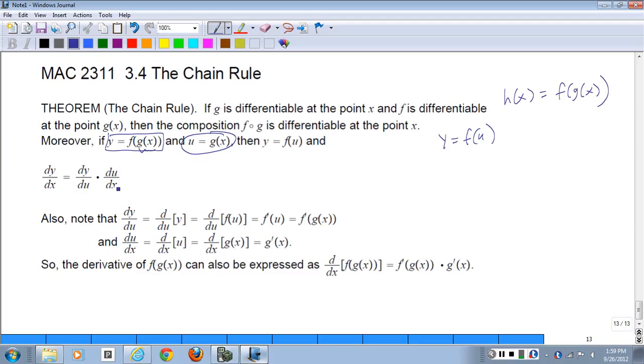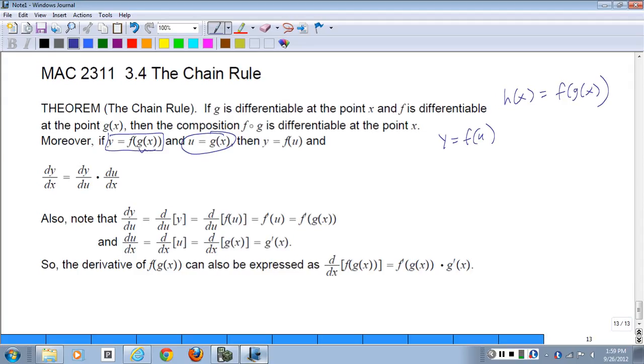And I claim this is fairly easy to memorize once you understand really what it's saying, because it sort of resembles the notation that we use for multiplying fractions. Not really multiplying fractions here, but it sort of looks like we are. And if you could scratch out those du's, you get dy dx on the left. Not technically what we want to do, but notationally it sort of looks like that.